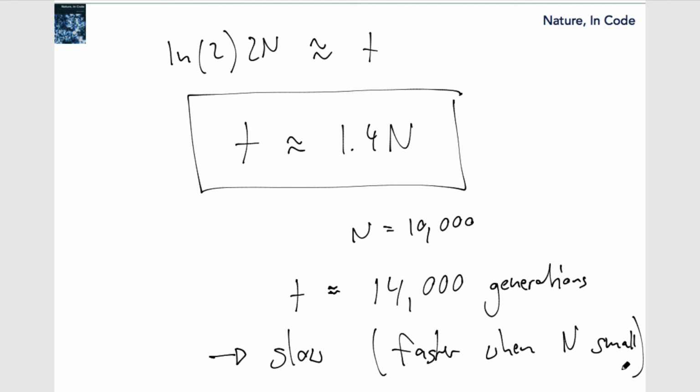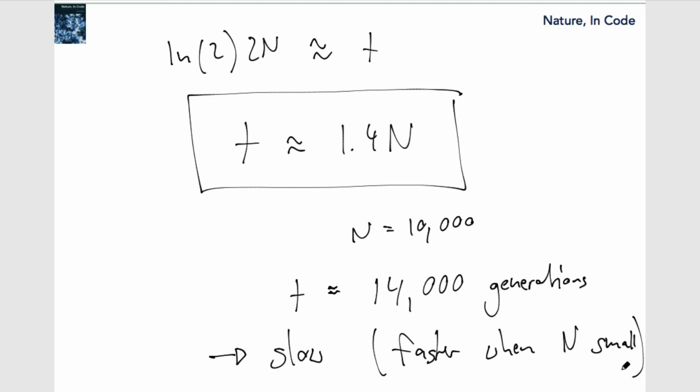Okay, I want to wrap up this video, and I just want to reiterate the three major insights we got from this very simple equation that we developed in the last video. Number one, genetic drift reduces genetic variation, always.